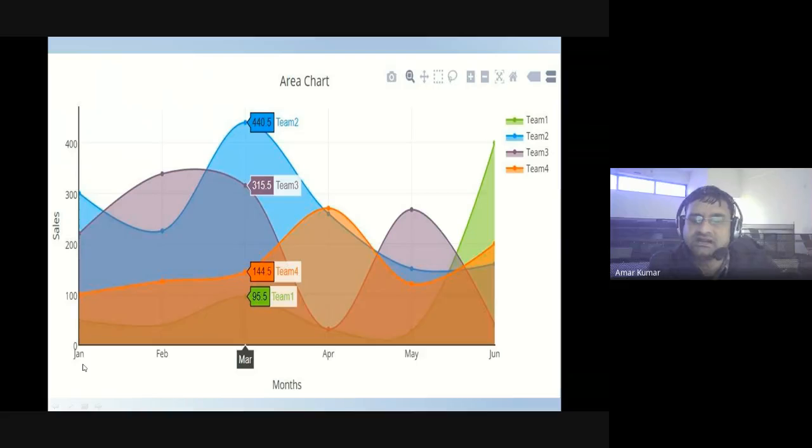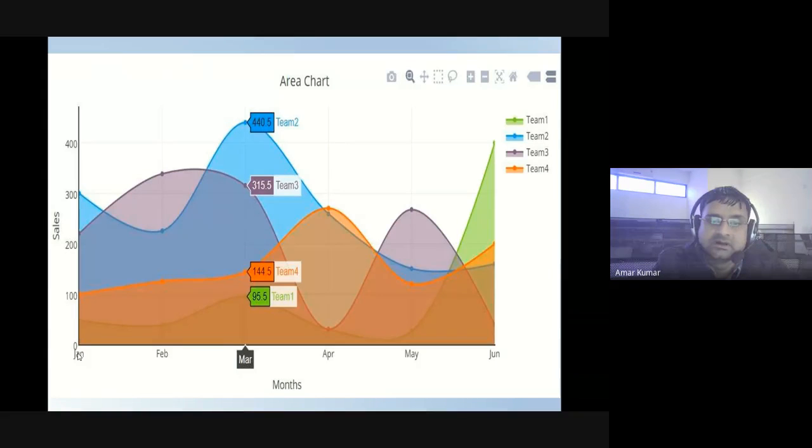At the bottom, in the horizontal position, we can see the months January, February, March, April, May, and June. Till June we have the data, so there are about 6 months in this area chart. 4 teams are available, and 400 is the maximum point.